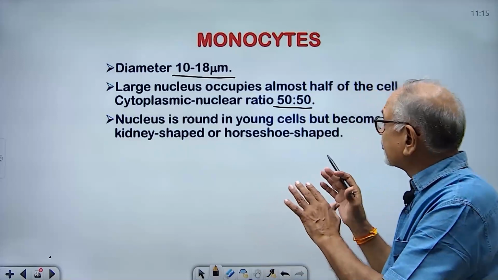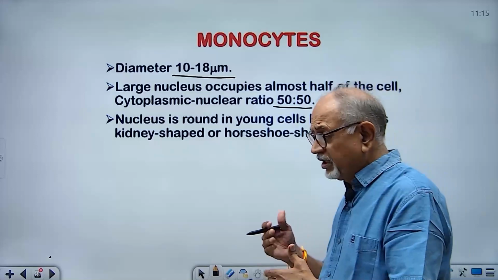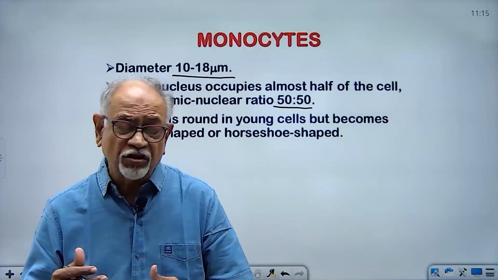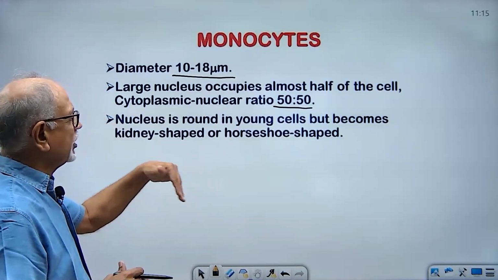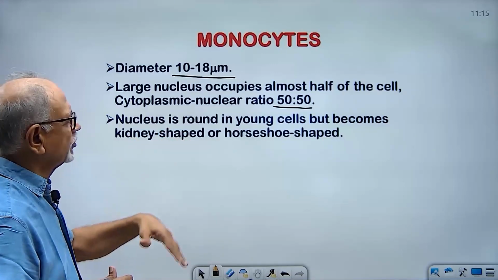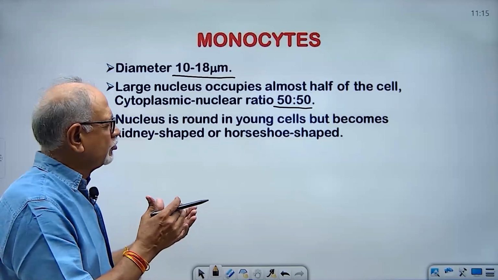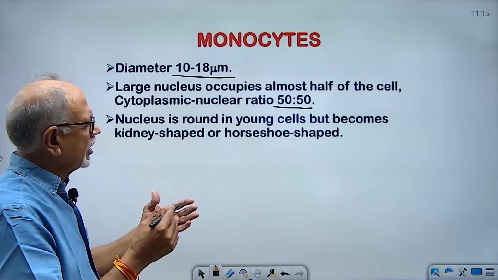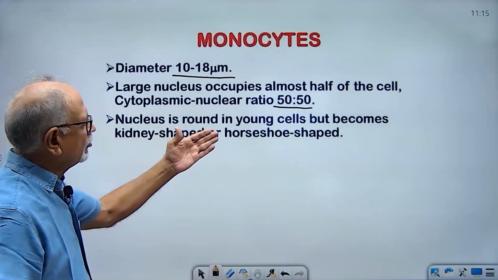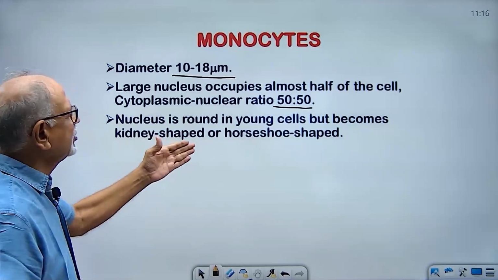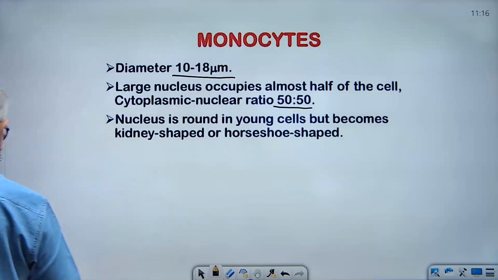That means 50% cytoplasm and 50% nucleus. And sometimes when the monocyte matures and becomes larger, then this proportion becomes even more. This nucleocytoplasmic ratio becomes more as the size of the nucleus is bigger and it is displaced to one side of the cell. Nucleus is round in young cells but becomes kidney shaped or horseshoe shaped as the monocytes mature.